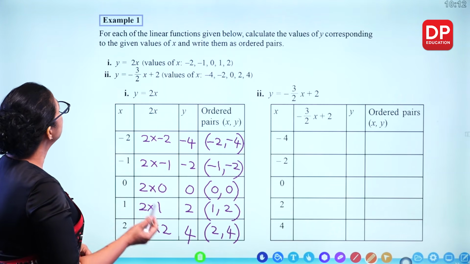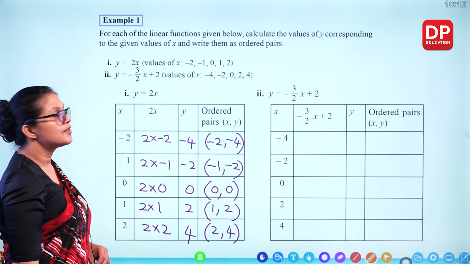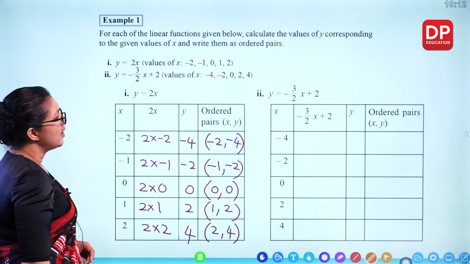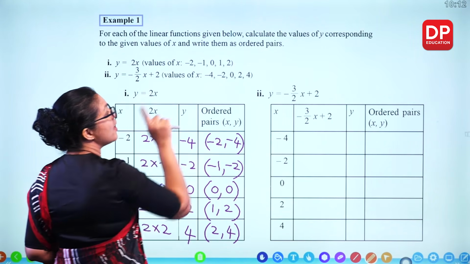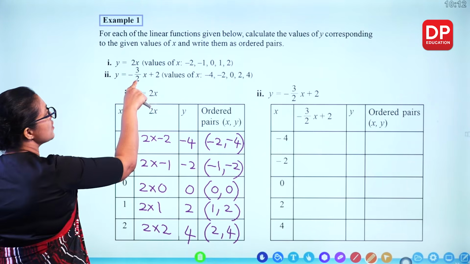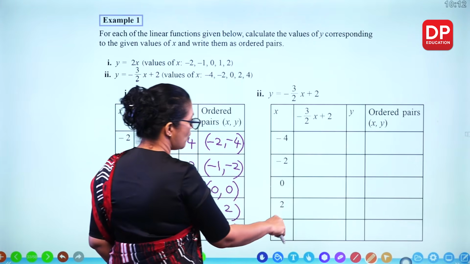Now, the other one, y equals minus 3 over 2 x plus 2. Here, we have taken all multiples of 2. It's easy for us to divide because 2 is in the denominator. Minus 4, minus 2, 0, 2, 4.